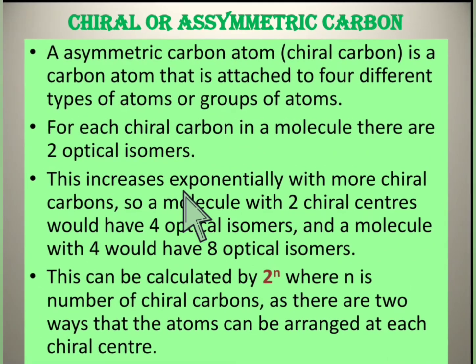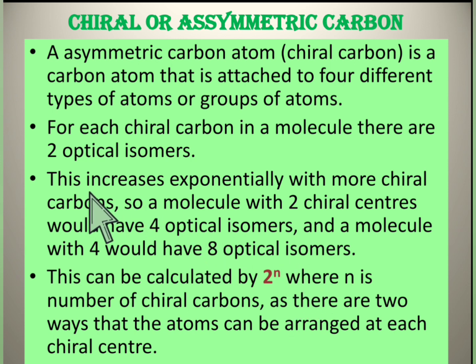This can be calculated by 2 to the power n, where n indicates the number of chiral carbons. Just now we saw that in glucose we have 4 chiral carbons, so it will be 2 to the power 4, that means 8 optical isomers.